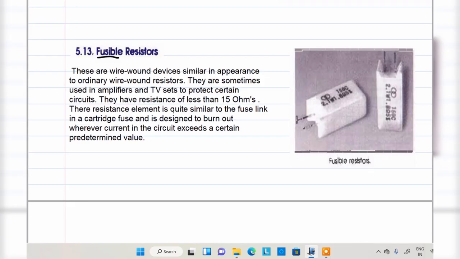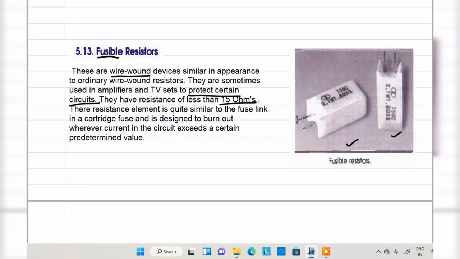These are generally wire wound devices, wire wound resistors. Look here, these are the fusible resistors. The appearance is just like ordinary wire wound resistors, but sometimes you use them in amplifiers and TV sets to protect certain circuits. Just now I mentioned the fusible resistor is used for the protection of the circuit. They have a resistance of less than 15 ohms. Generally we use this type of resistor with a value less than 15 ohms. We design these particular resistors this way.